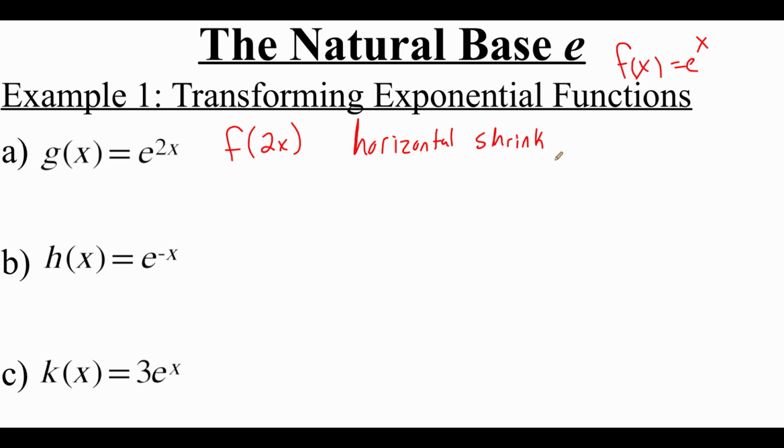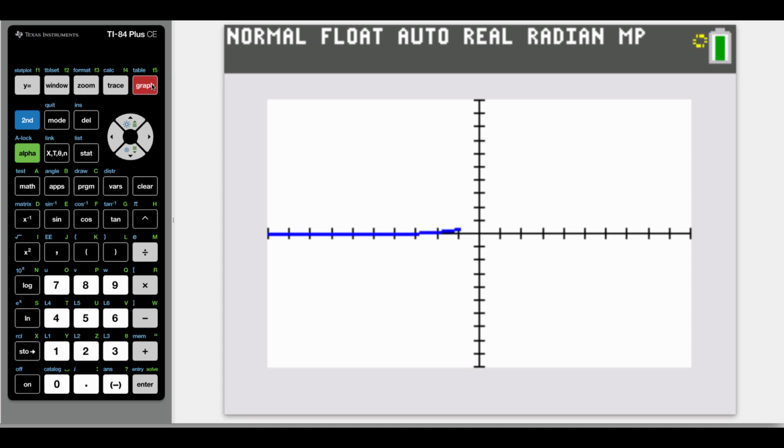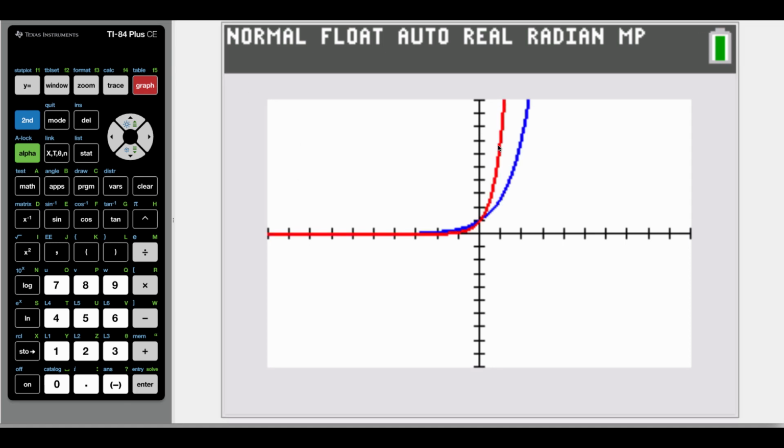And I'm going to graph that out on my calculator to confirm its behavior. So in my calculator, I've got my y equals e to the x, and I've got y equals e to the 2x. When I hit graph, I can see both pictures of my functions in there, and we can see that my red graph has gotten horizontally shrunk from that blue graph.